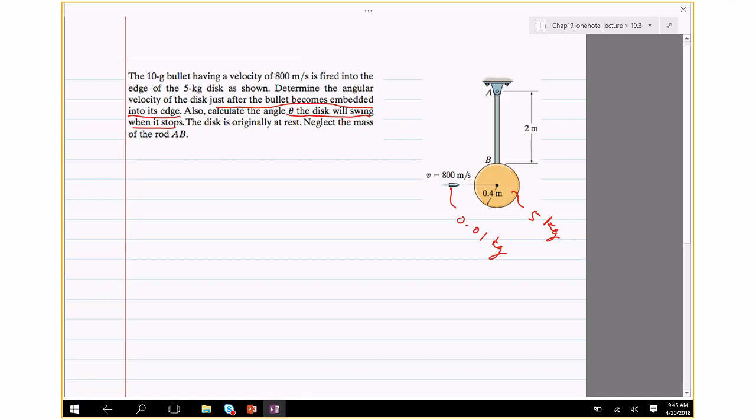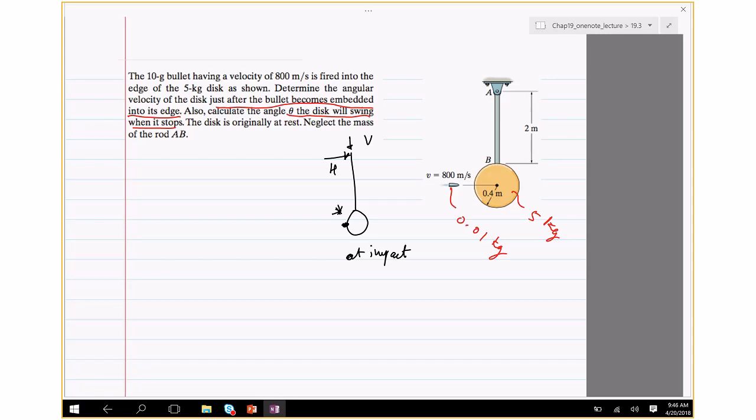Well, first thing to notice is that if you draw a free body diagram of this system, when the interaction is taking place, there would be some impulse over here. Draw that: a vertical impulse and a horizontal impulse. This is at impact, right? So can we apply the principle of conservation of linear momentum?